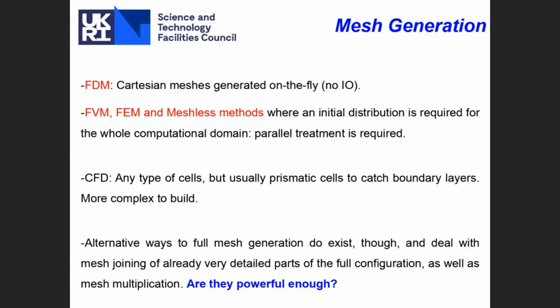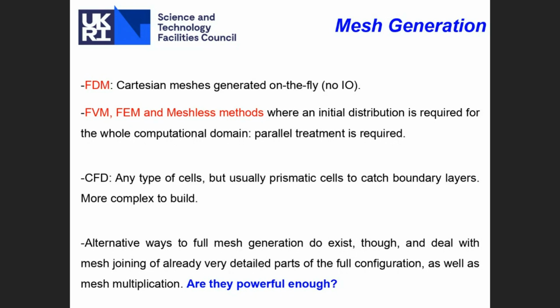Now if we go to mesh generation, if you use a technique called finite difference modeling, the meshes can be generated on the fly because the complexity comes from how the equations are solved, not from the mesh generation. When you go to finite volume, which is the case of Code Saturne, you have cells or elements of any type of shape, and you get very complex meshes in terms of structure.